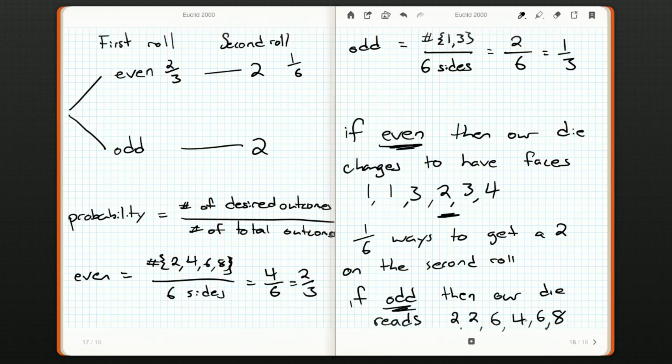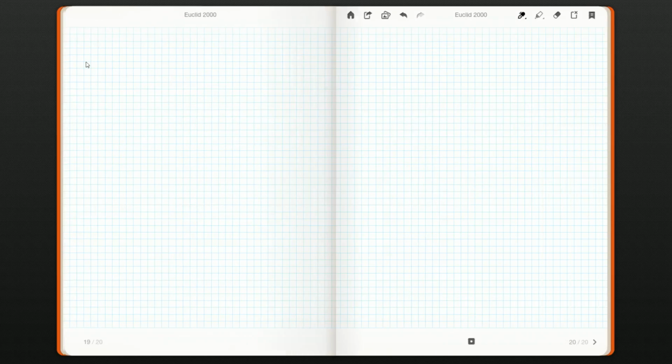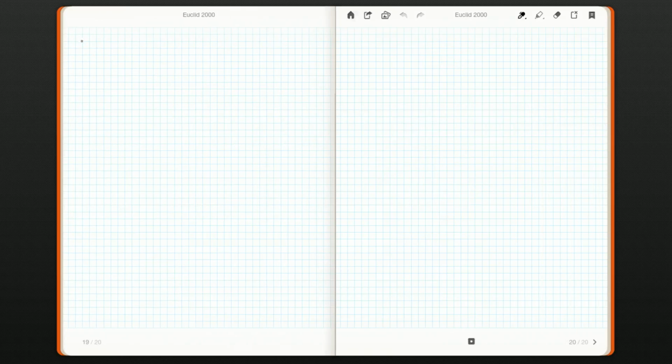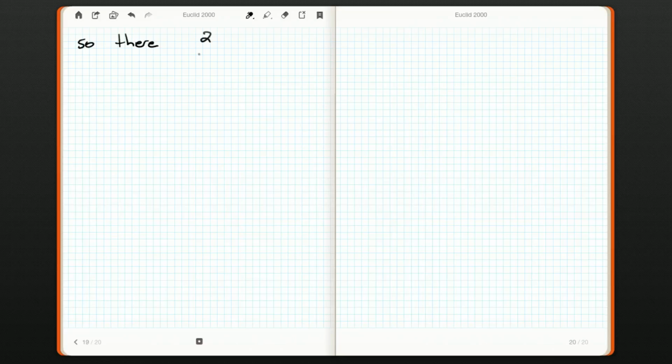Now we have 2 ways out of 6 to get the number 2 to roll face up. There are 2 of the outcome we desire, the 2 2s, and 6 possible outcomes.